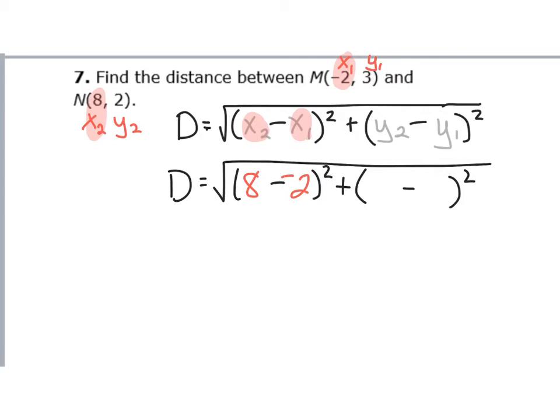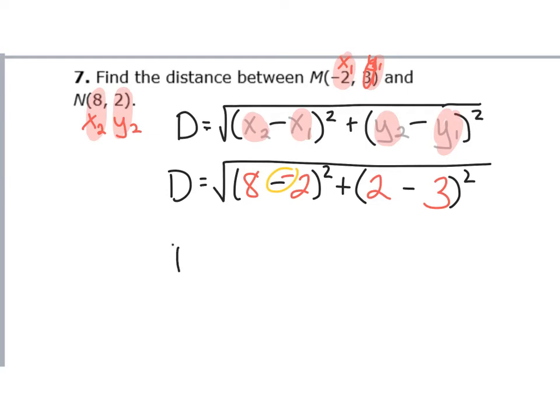Then my next blank, y2, is 2. And my final blank is y1, which is 3. Now I could change this to a plus sign, or I could leave it exactly like that because this is ready to go in my calculator.